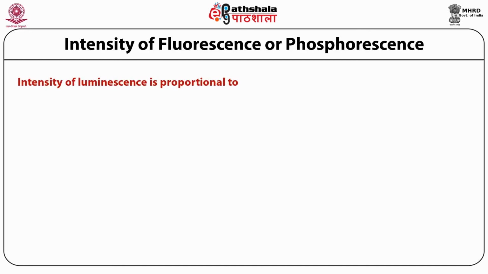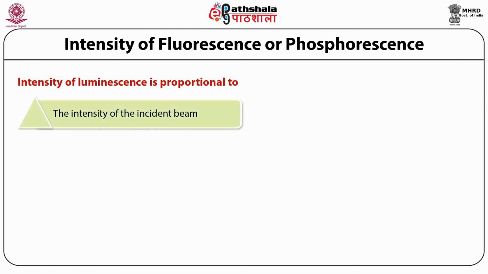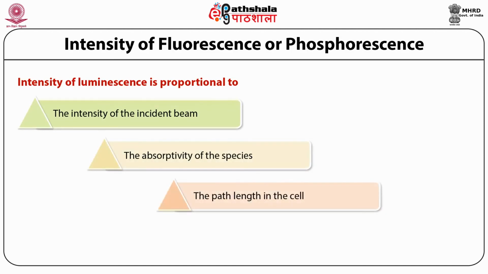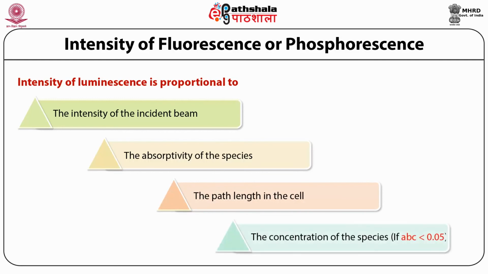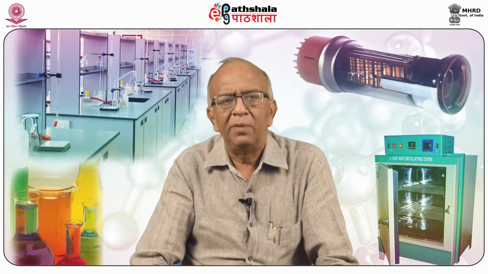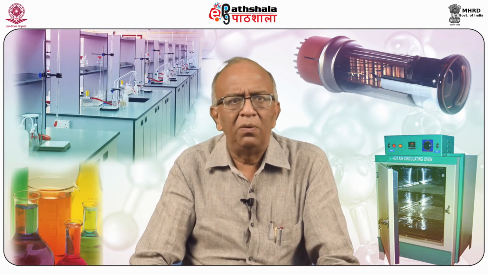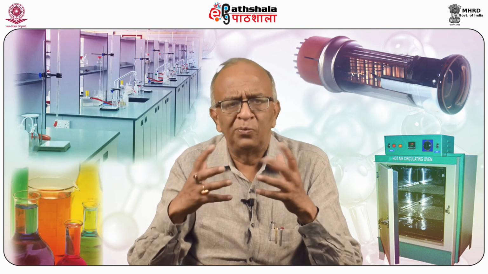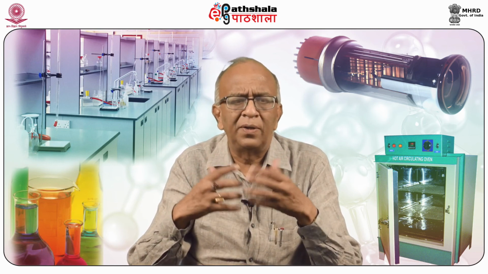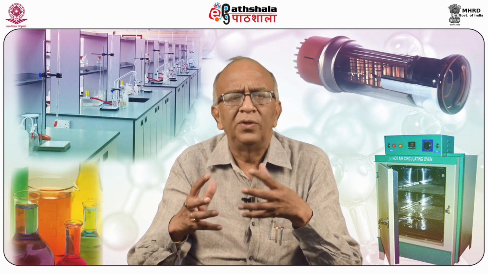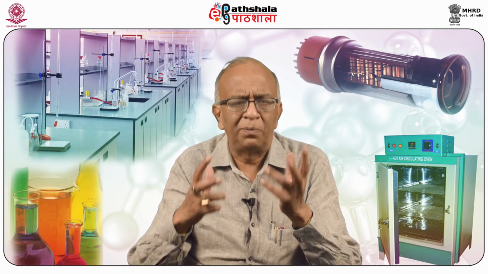Luminescence represents both phosphorescence and fluorescence. It is proportional to the intensity of the incident beam, the absorptivity of the species, the path length in the cell, and the concentration of the species if ABC is less than 0.05. So I may conclude that today we have learned how, by absorption of electromagnetic radiation, we can find out the concentration of an unknown substance.